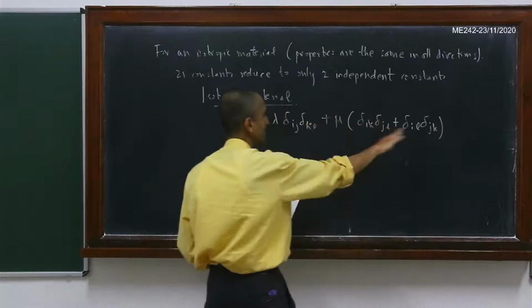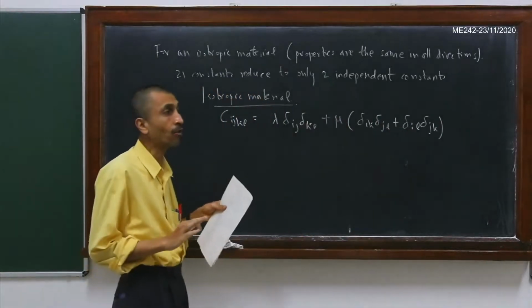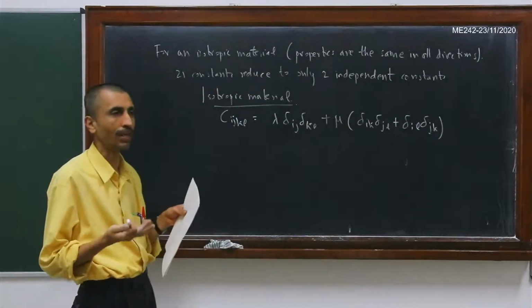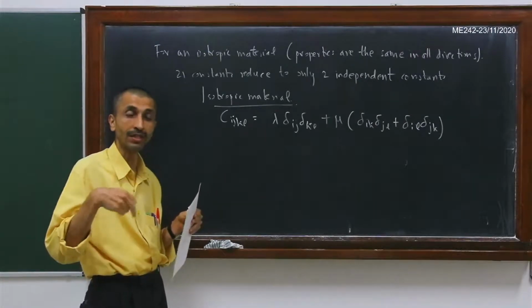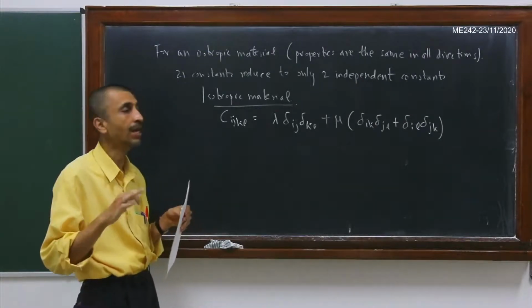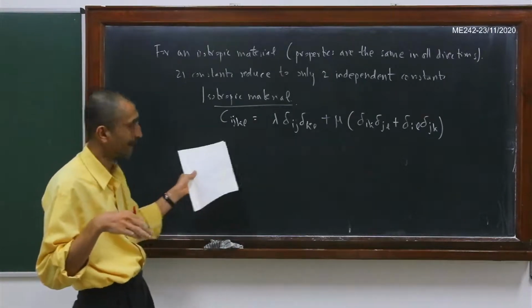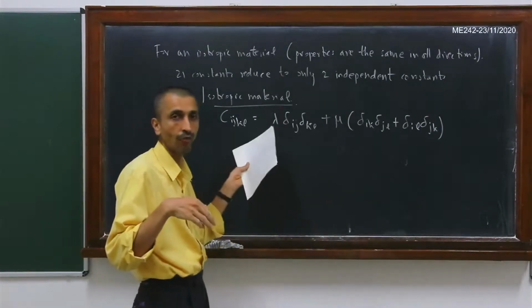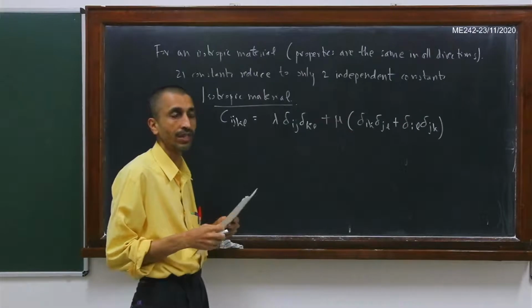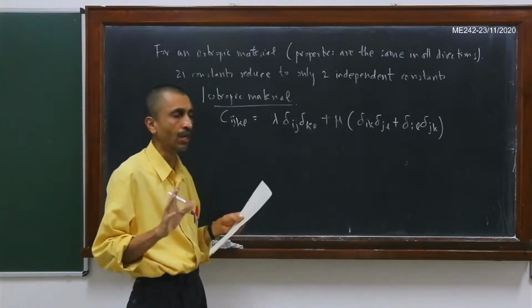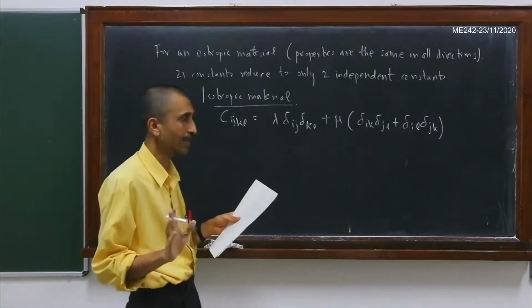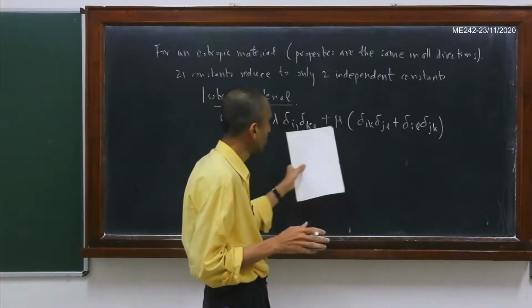Now where does this come from? The proof of this is quite complicated. Basically we are trying to say that the constitutive behavior is the same in all directions, and from that we get that the most general form of a constitutive relation that is the same in all directions is this particular constitutive relation. We will not get into the proof of this. As I said, the proof is quite complicated, so we will just accept this.